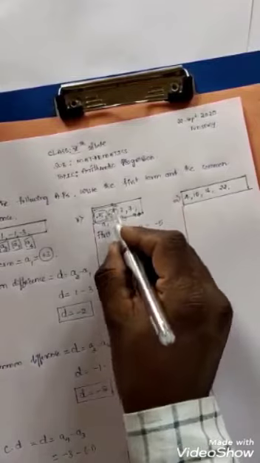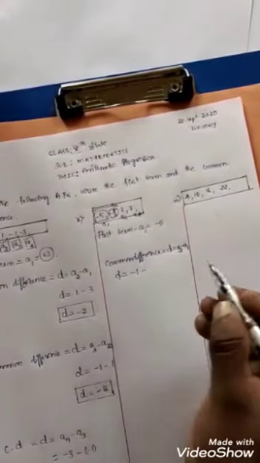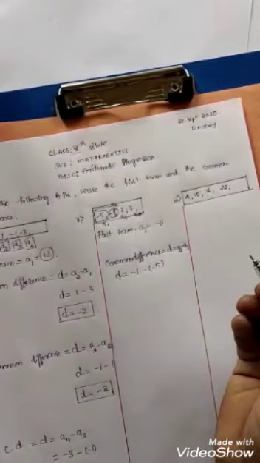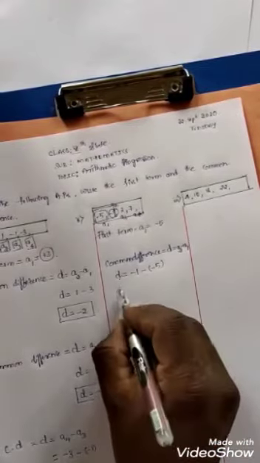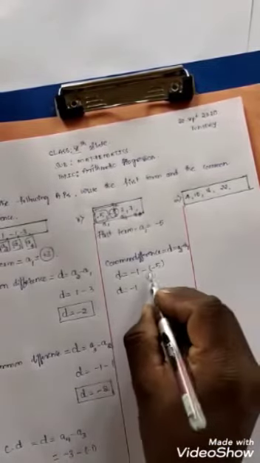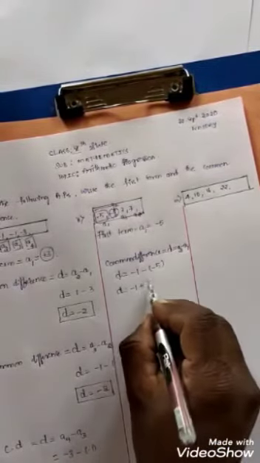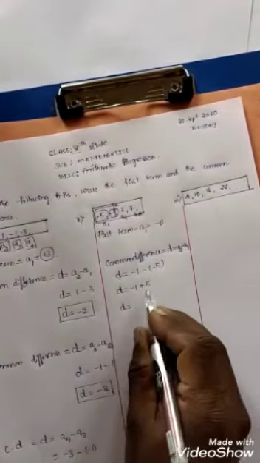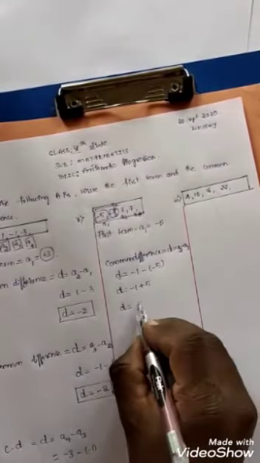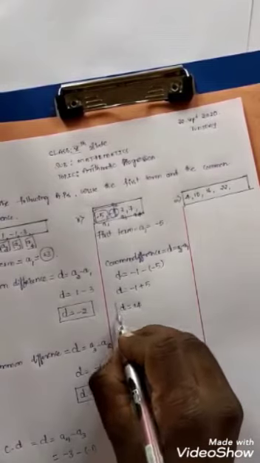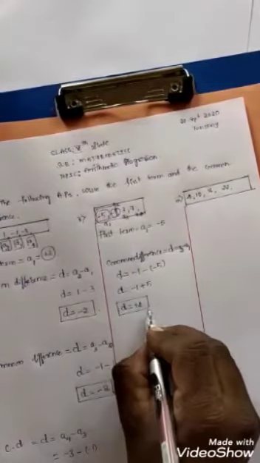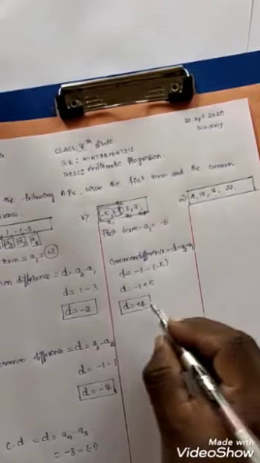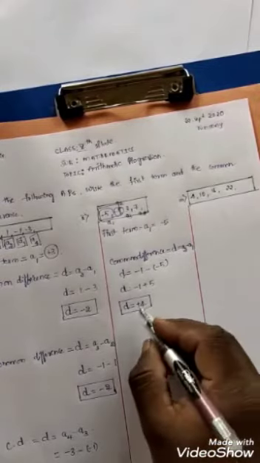Here we have A2 is minus 1 minus A1 which is minus 5. So d is equal to minus 1 minus into minus, plus 5. After subtraction we get plus 4. We get d is equal to plus 4.